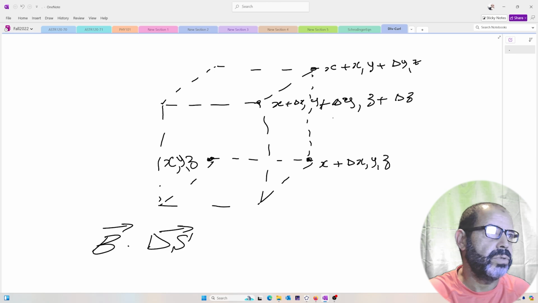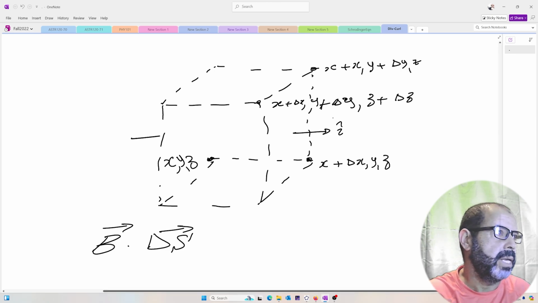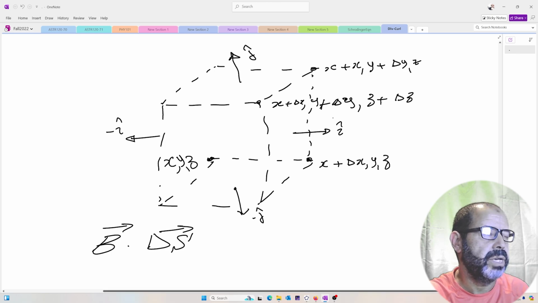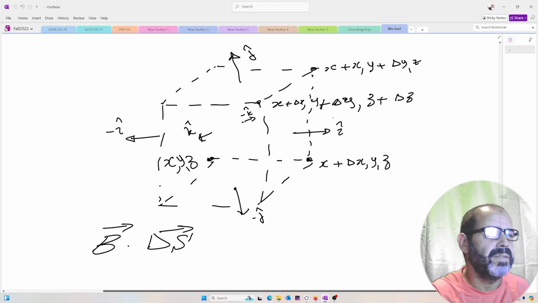The 2 in the x direction are pointing in the i hat direction and in the negative i hat direction. Of the two facing in the y direction, one is pointing in the j hat direction, and the other one at the bottom is pointing in the negative j hat direction. There is one coming out of the screen towards me, in the k hat direction, and another pointing into the screen, in the negative k hat direction.